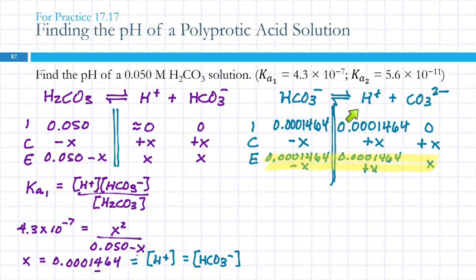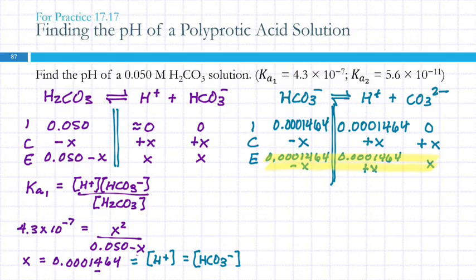We see that these two, we have concentrations at equilibrium that are not 0. And so we write those in. This one, we've gotten no information about, and so we write 0, because this didn't make any CO3 2 minus, and we didn't have any to start with, so that one's 0. Then we do the X changes as usual, and we add those together. So there's a little bit of a difference in the middle, but overall it's the same process.